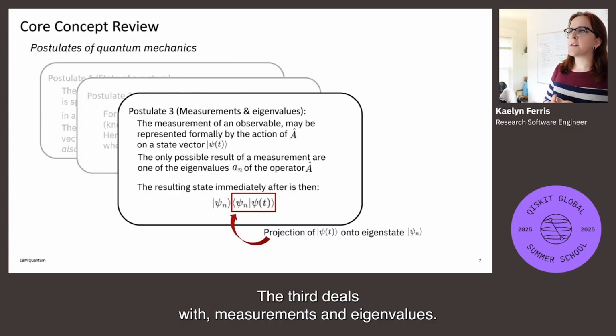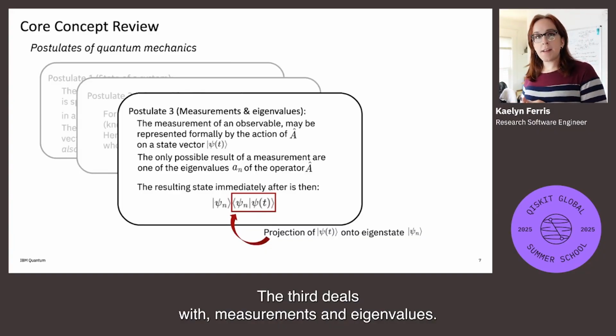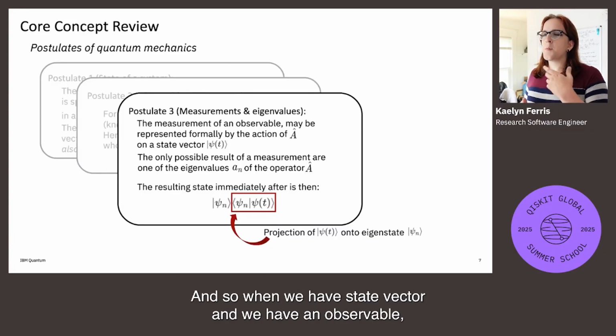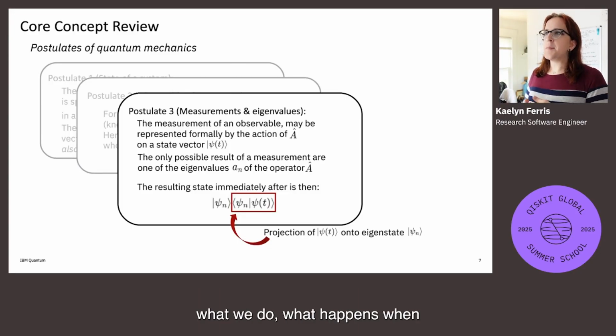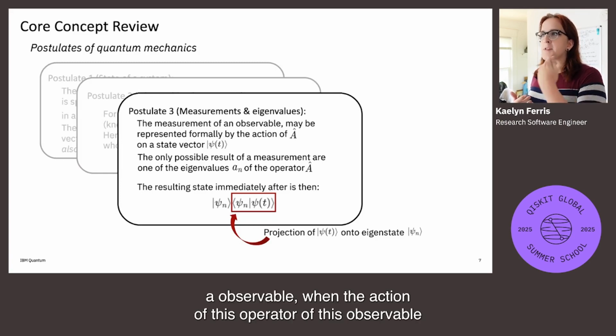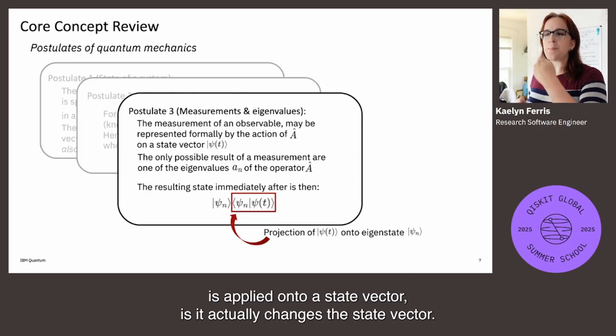The third deals with measurements and eigenvalues. When we have a state vector and we have an observable, what happens when the action of the operator of this observable is applied onto a state vector is it actually changes the state vector.